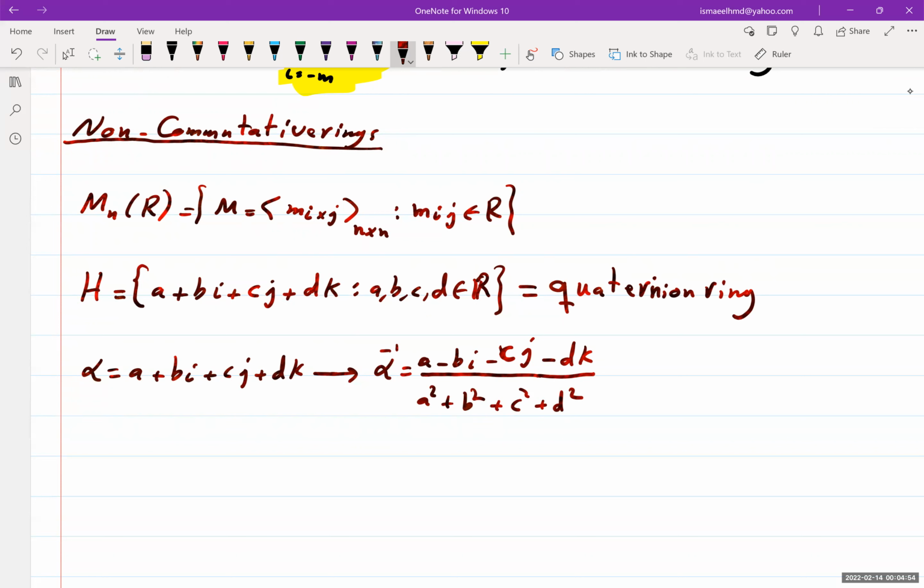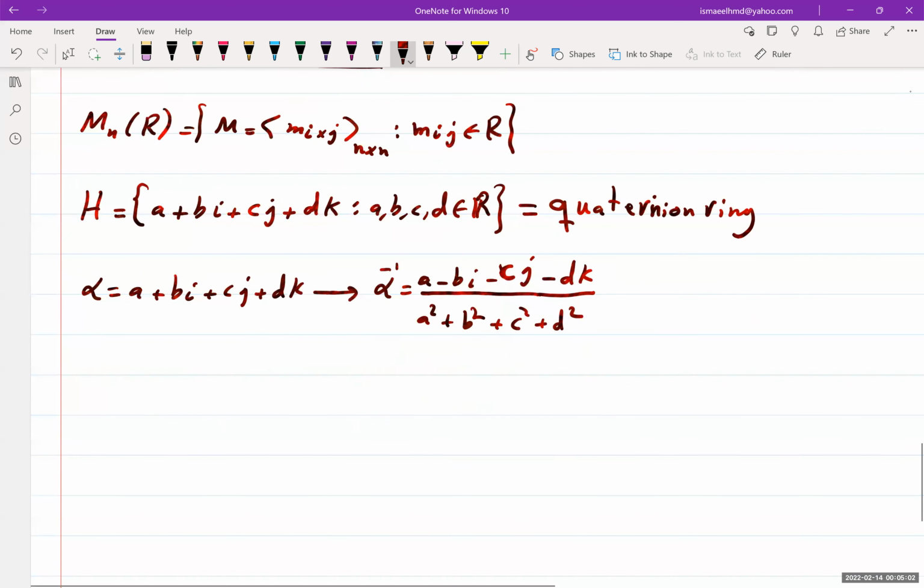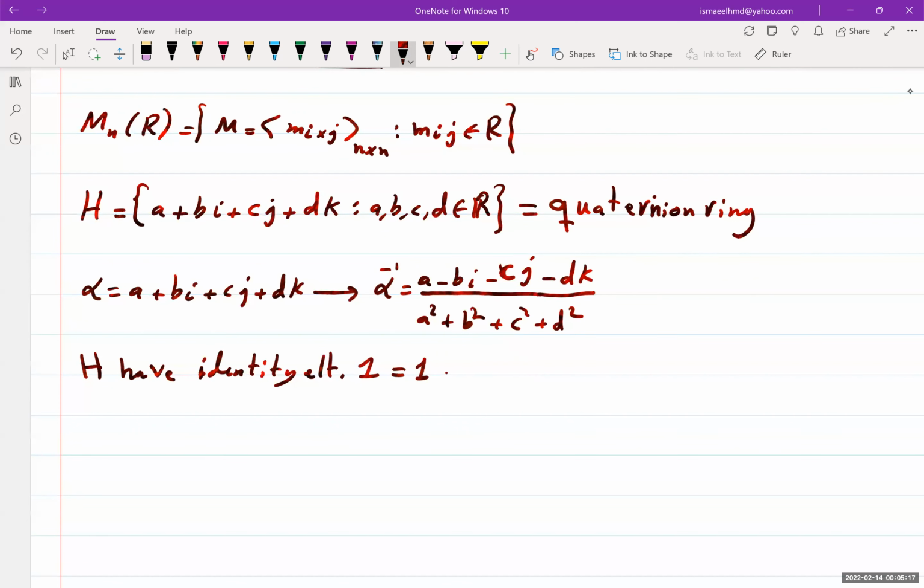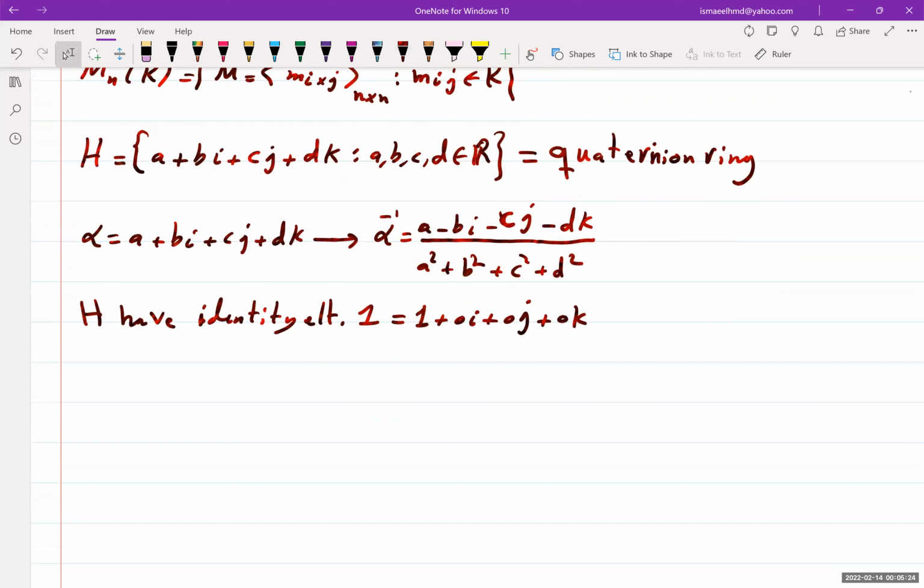So we can say this ring is a division ring. That means H has the identity element 1, which is equal to 1 plus 0i plus 0j plus 0k, and every non-zero element has an inverse, as I said.